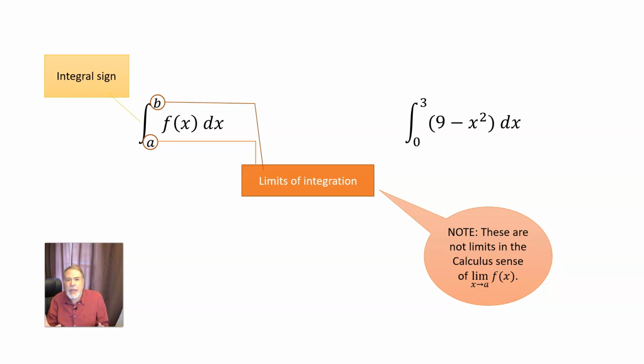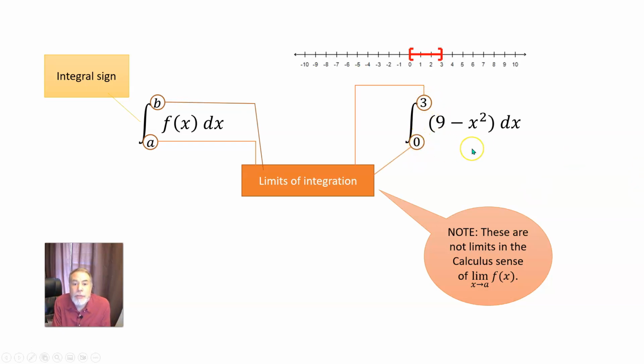They're not the same kind of limits as what we usually mean in calculus when we talk about the limit as x approaches something. In this particular example, the limits of integration are 0 and 3. That means we are considering x values that are between 0 and 3. We are integrating over the interval from 0 to 3, that particular section of the number line, or the x-axis.